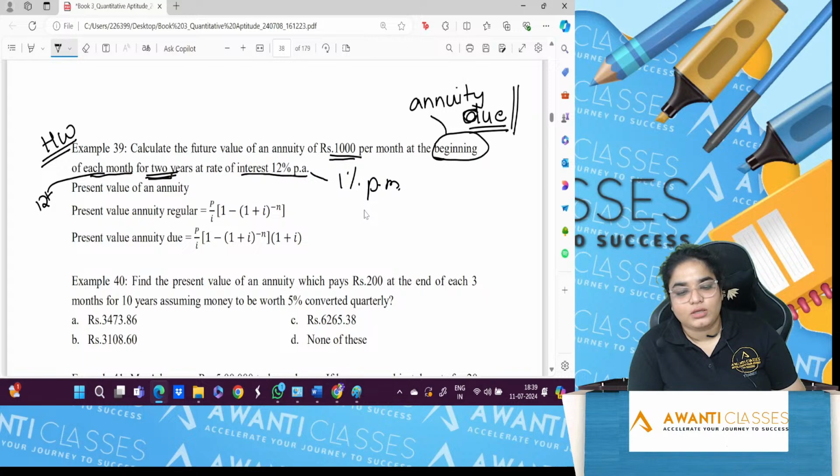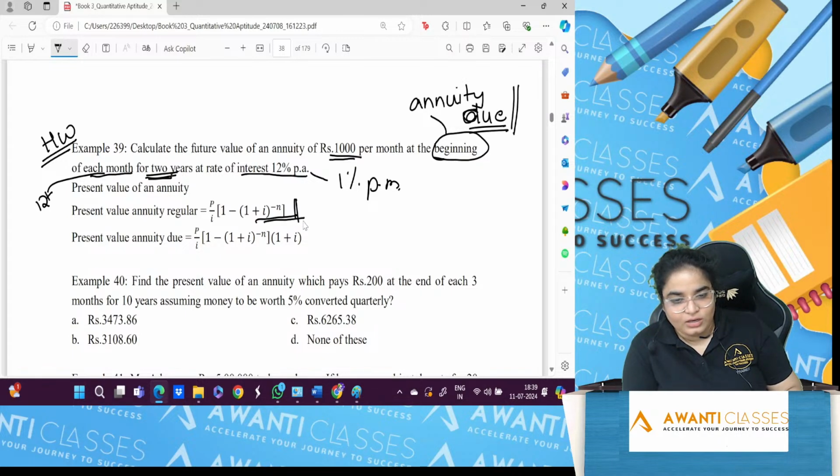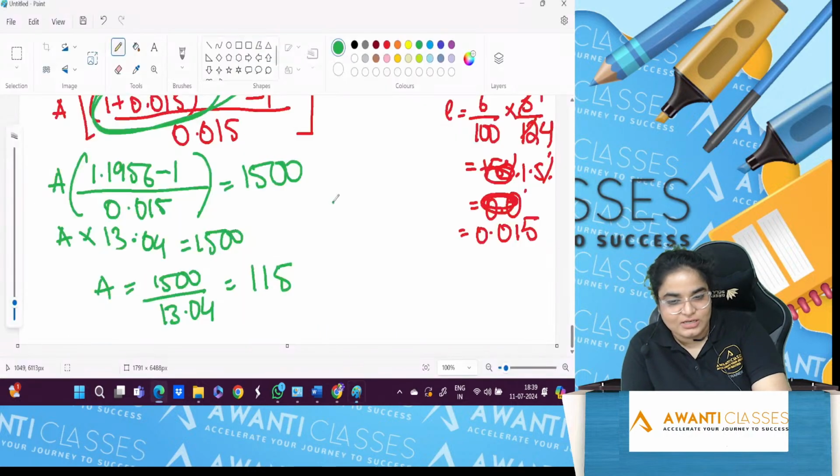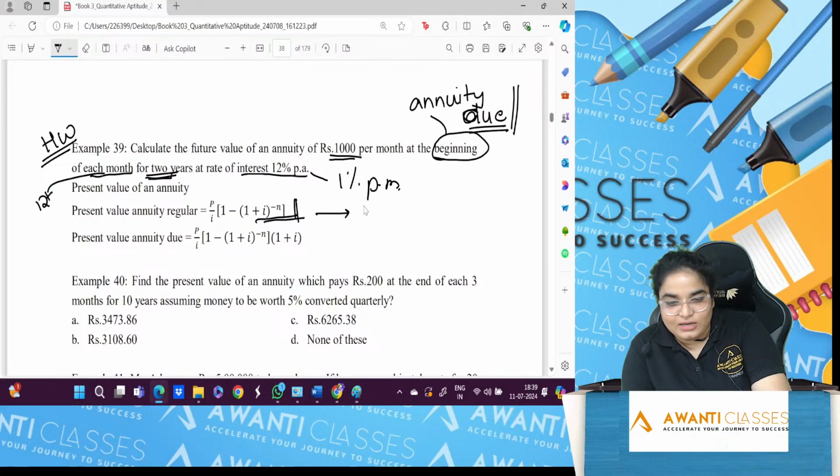Yes. Now let us look at the formula here. This is the formula that we are doing right now. Slightly differently, what we have just done, it is the same formula. What is that?